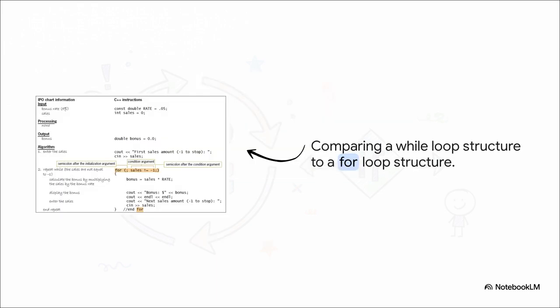Let's put them side by side to see how this works. Notice the parentheses in the for loop structure. Inside, it packs 3 distinct arguments separated by semicolons: the initialization, the condition, and the update argument. It's clean, it's concise, and it keeps all your loop control mechanics on one single line. Whereas a while loop might have its update read buried all the way at the very end of its loop body, the for loop puts it front and center.